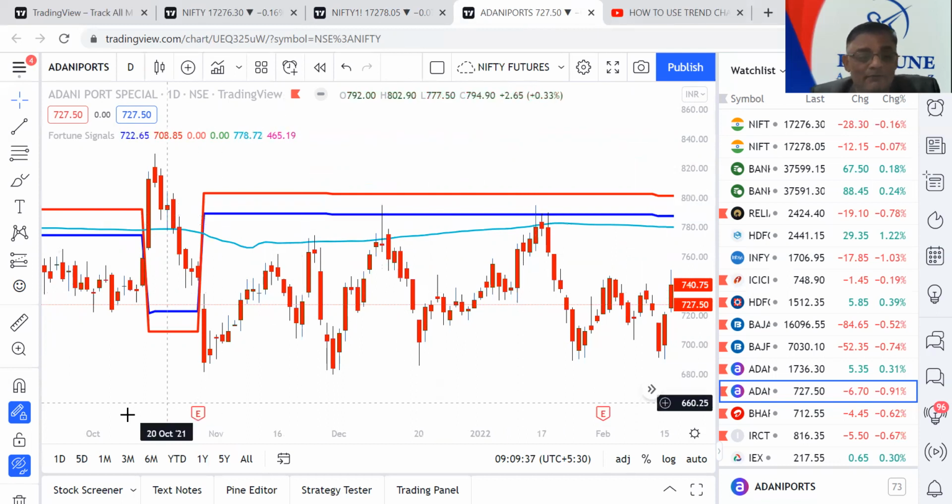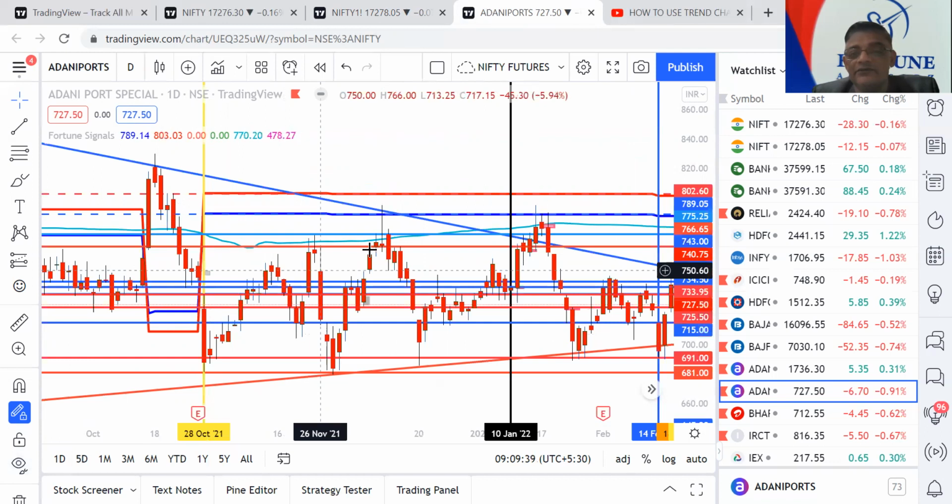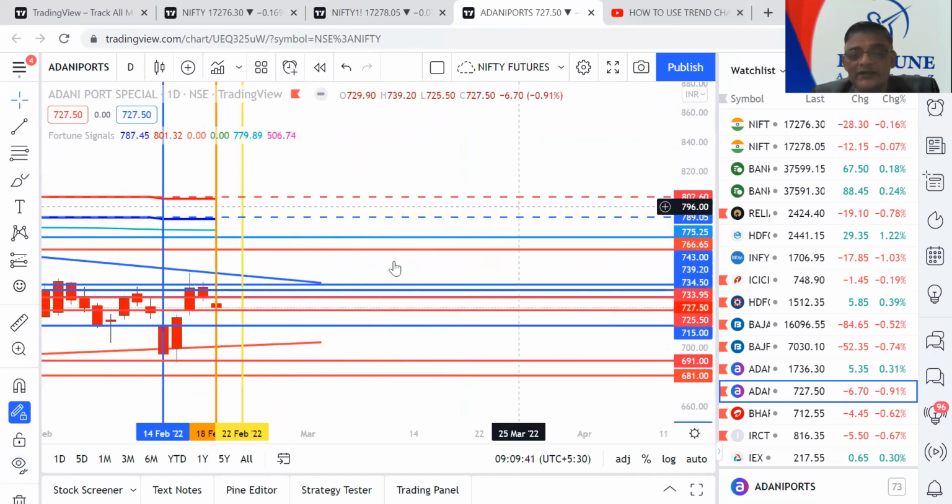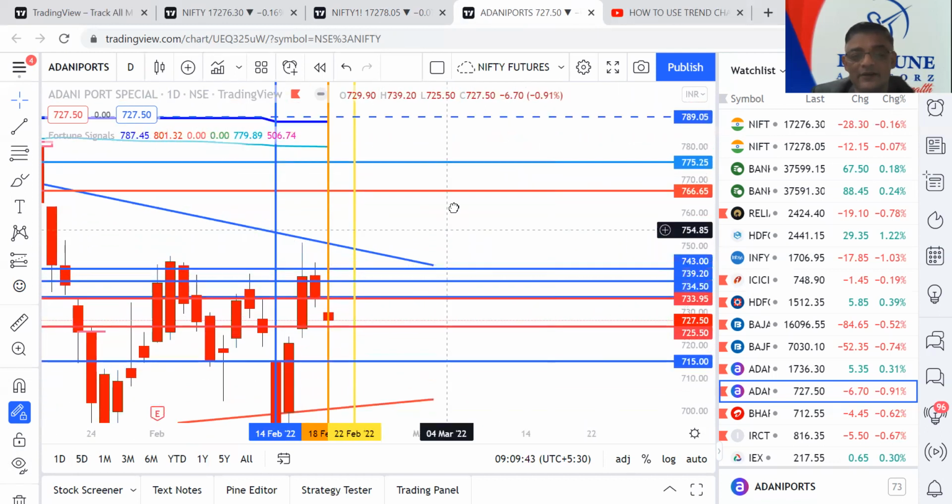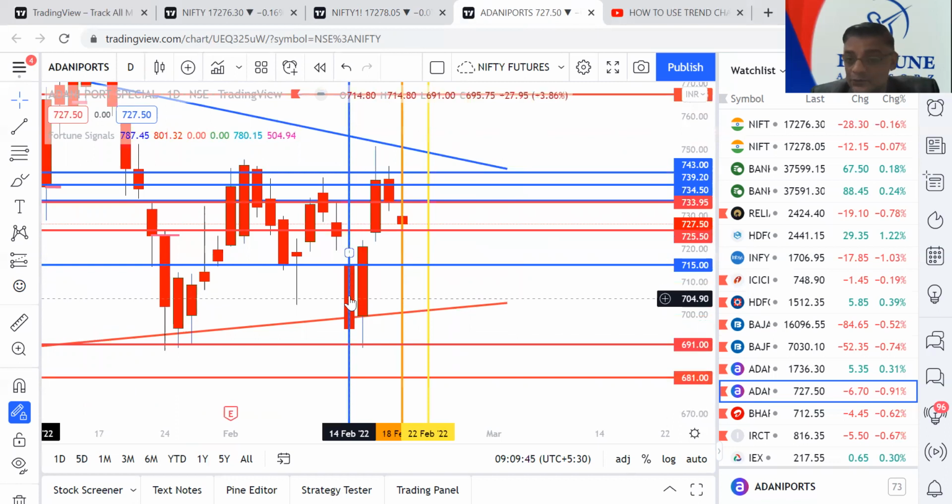And here I'm going to combine my dates, and already 2 dates are over. One is the blue color date, 18th February, and the next is coming on 22nd February. So I will combine these dates. I will take the high and low of these dates, and we will initiate the entry based on my indicator.